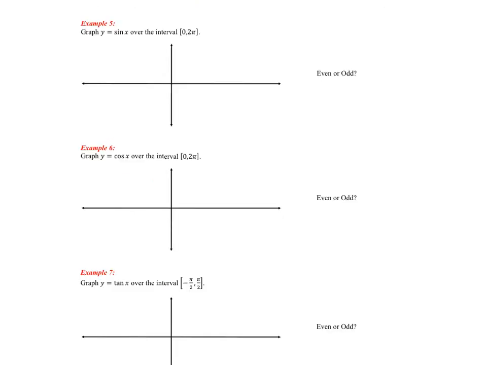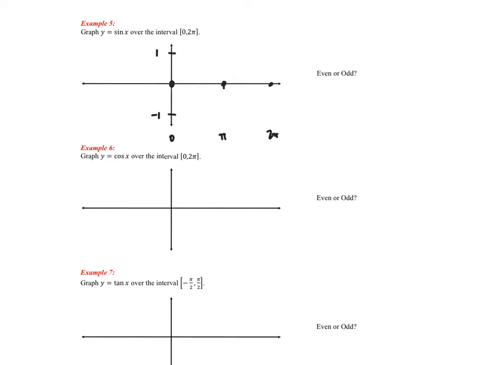Okay, let's graph a few trig functions here. So let's start with sine. Sine of 0 is 0. Sine of pi is 0. Sine of 2 pi is 0. So here's 2 pi and 0. Now, sine will have a range of negative 1 to 1.